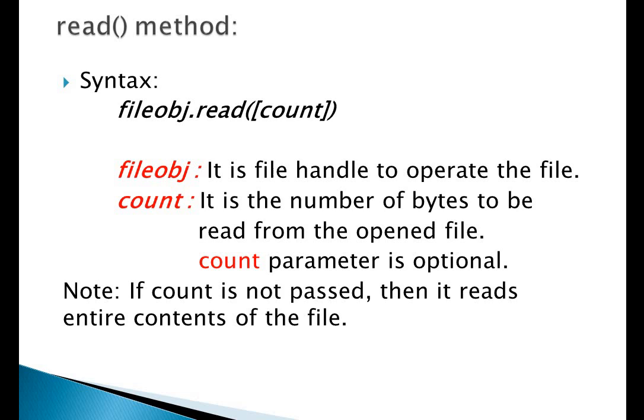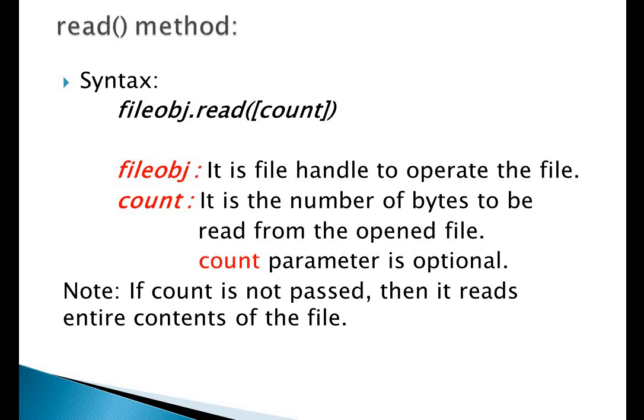So the file object is the handle to operate the file, and count is the argument. It is the number of bytes to be read from the open file. The count parameter is optional. If count is not passed, then it reads the entire contents of the file.